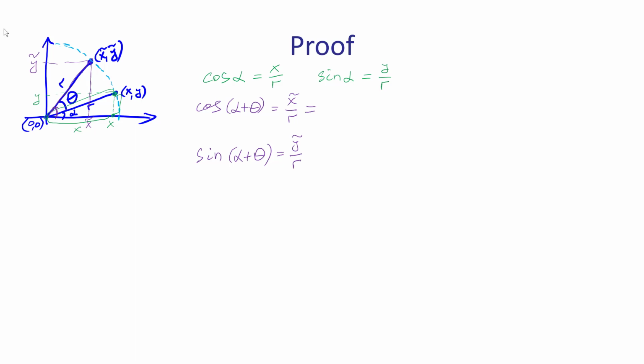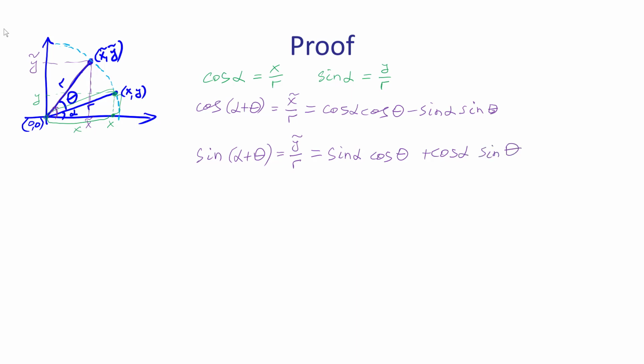But also, we know the trigonometric identity that cosine of a sum of 2 angles can be written as cosine alpha cosine theta minus sine alpha sine theta. And the sine of a sum can be written as sine alpha cosine theta plus cosine alpha sine theta.